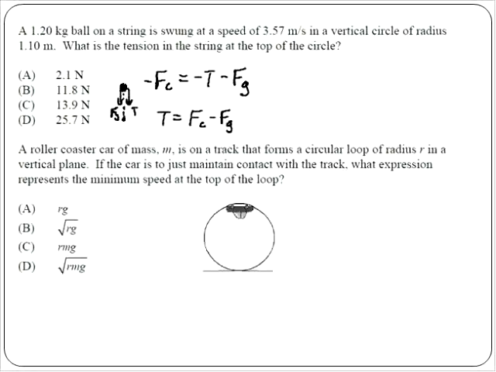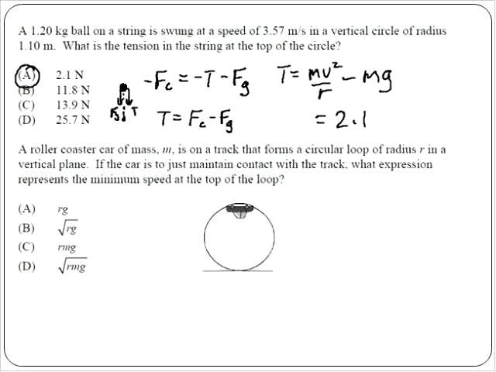So in other words, tension equals mv squared over r minus m times g. It's always the same expression, like I said. So if you memorize that expression and plug all your numbers in, that happens to equal 2.1. There it is right there.